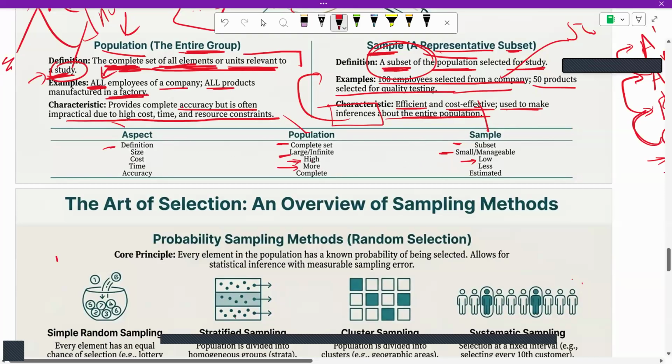We need more time to manage population data, less time to manage sample data. Accuracy: we can get complete accuracy when we deal with the complete data set, the population, and with the sample, accuracy is estimated.